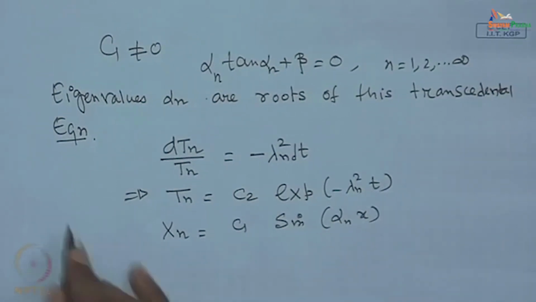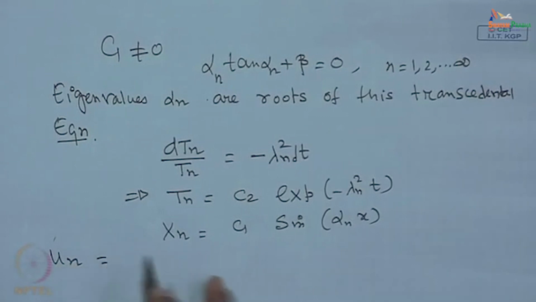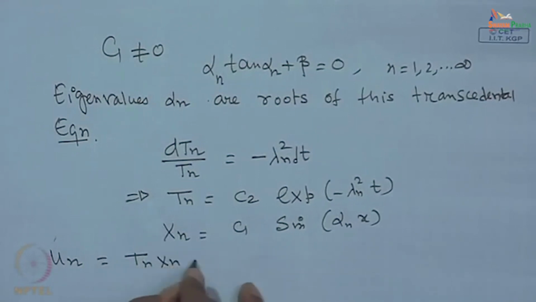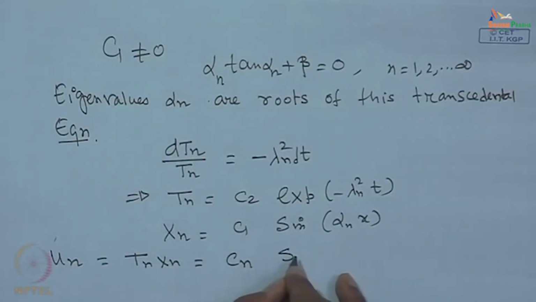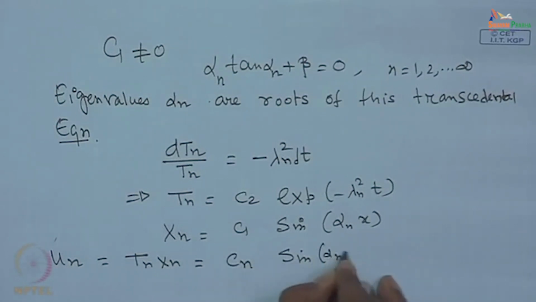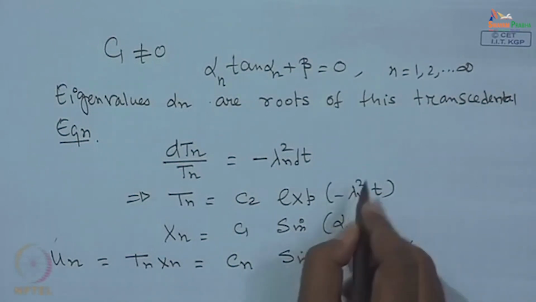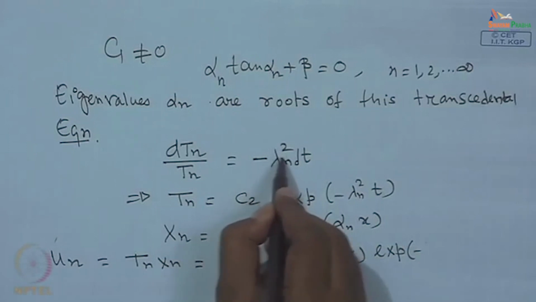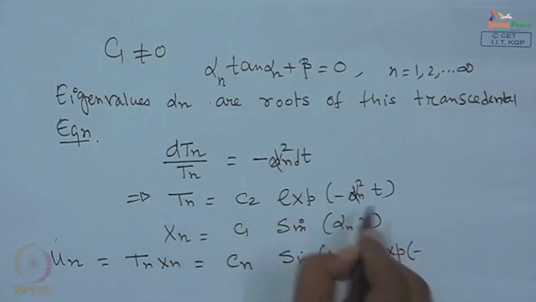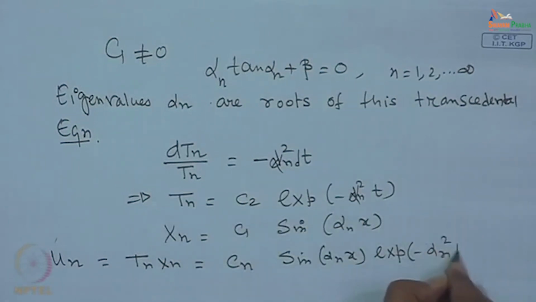So, we can construct the nth solution corresponding to the nth eigenvalue as Tn Xn. We multiply these two constants, it will be giving a new constant. So, this will be Cn sin alpha n x exponential minus, this is alpha n, right, this is not lambda, this is alpha. So, it will be having alpha n square t.